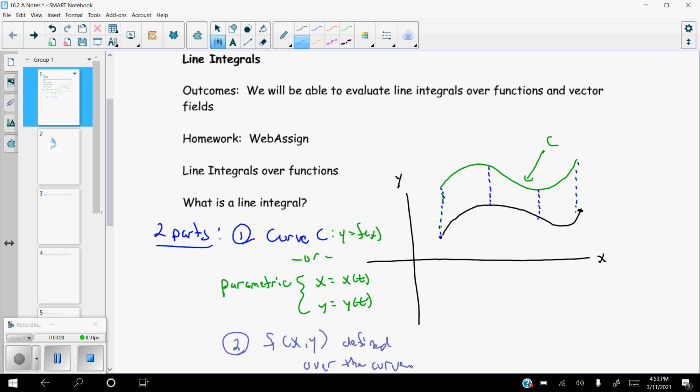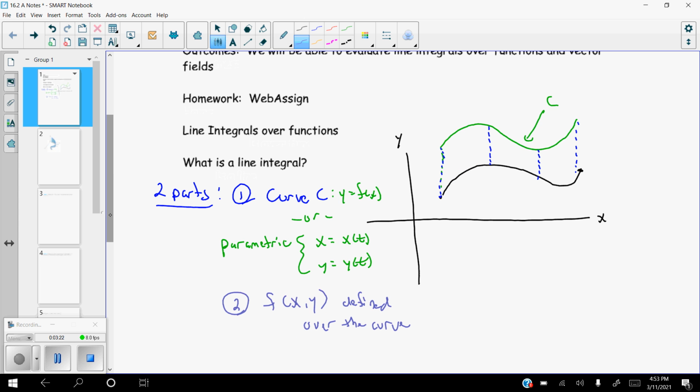It's got to be defined the whole way. So, I don't know what our curve is here. But we could say that f of xy in this case would be something like 3x plus 2y. That's probably not what that curve is, but we could say that. And if you look at that, there's nothing that makes that undefined. So you would have a defined function of xy over the curve.